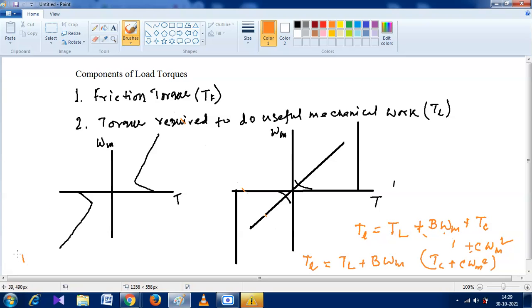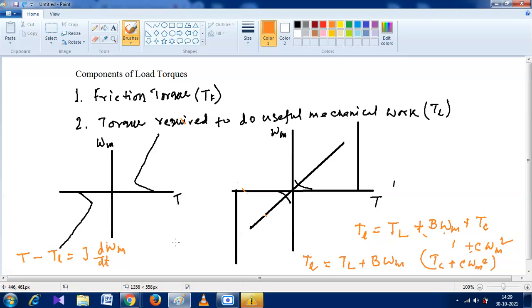Yes, sir. This is the fundamental torque equation: T minus TL is equal to J d by dt of omega m. This is called the fundamental torque equation.